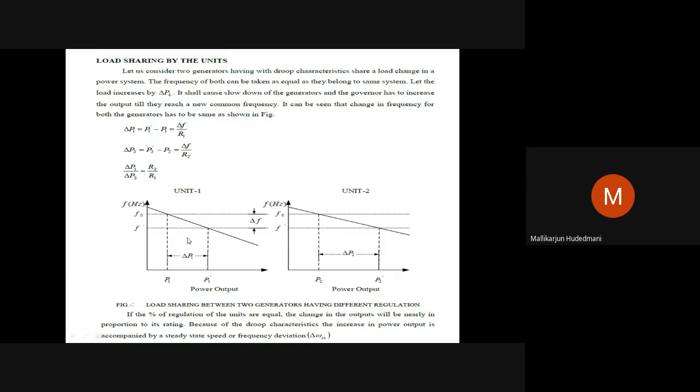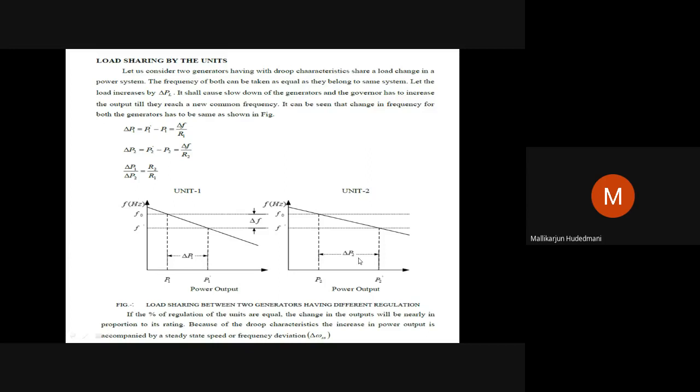Machine with the R1 is sharing less than this. In this way, the share of power, or share of disturbance, share of load, is done in proportion to their characteristics, that is, inversely proportional to their characteristics.